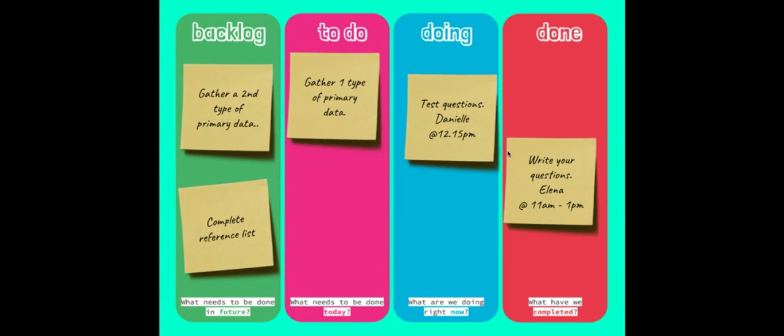In the done column, which is everything you've completed. In the to-do, doing, and done columns, there should never be more than 3 or 4 items. A few more perhaps if you're working with a very large group, but generally these should have small numbers of items. The big list of everything that needs to get done should be in the backlog, and a big list of everything you've already done in the done column.